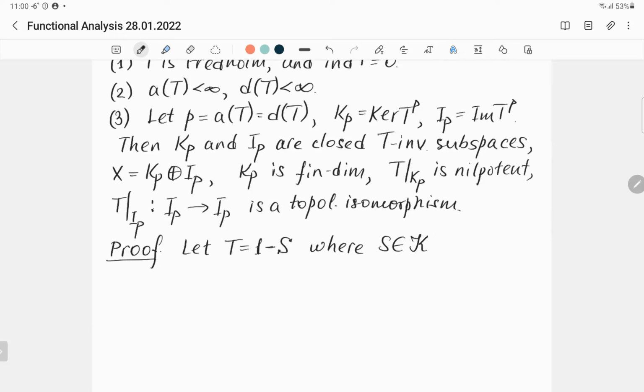Clearly, this is equivalent. Well, the proof will be divided into several steps. As a first step, let's show that the kernel of T is finite dimensional, and the image of T is closed.